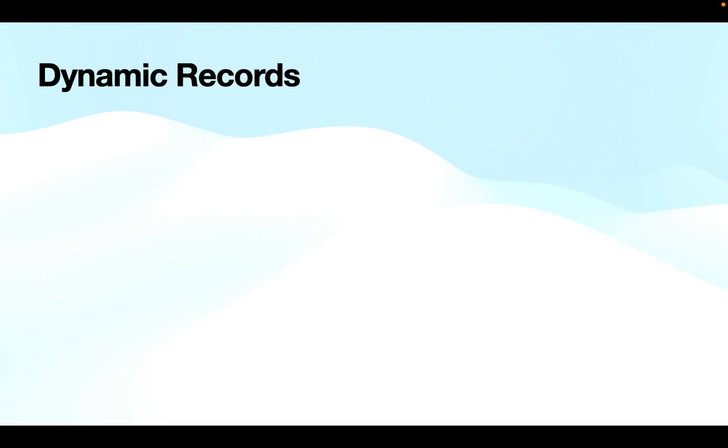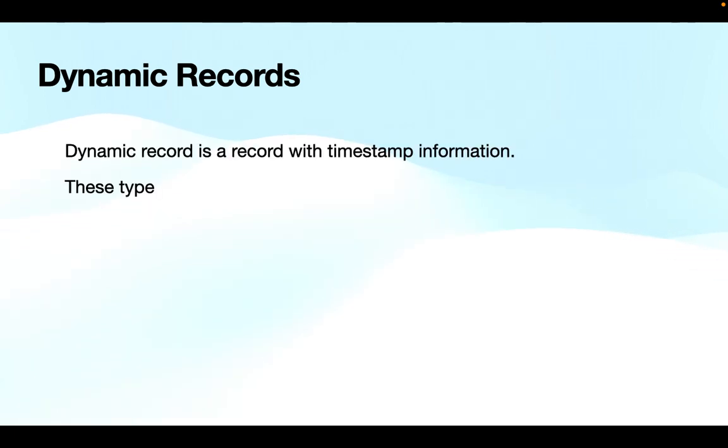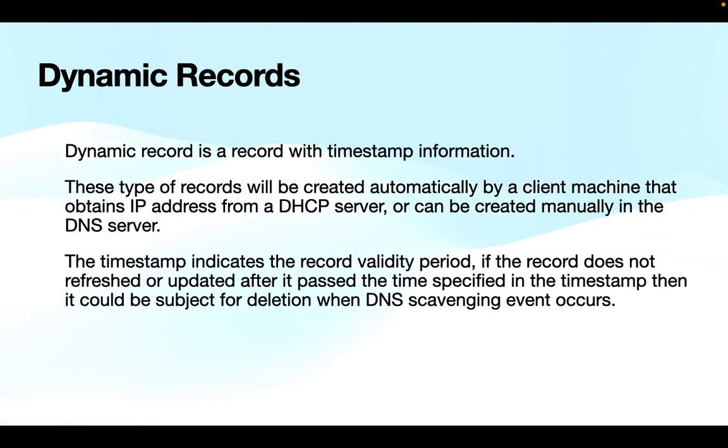Another record type is the dynamic record. What does that mean? A dynamic record is a record with timestamp information. As I told earlier, the timestamp information is kept updated with when that record was last updated in the DNS server. The latest timestamp will be updated in the record properties. These types of records will be created automatically when you add a machine into a domain.